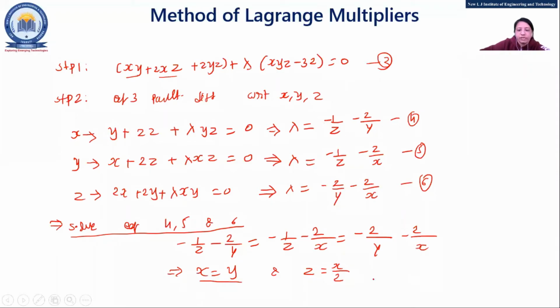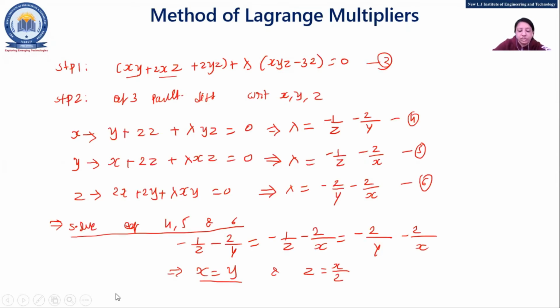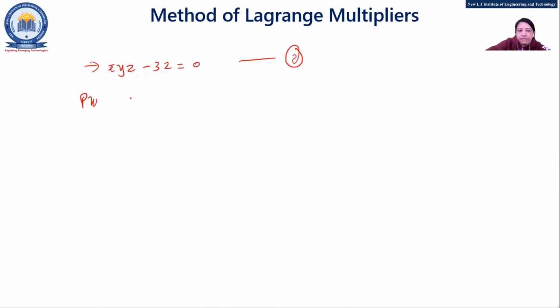So what now you need to do? In our equation, you can put it. Our equation is xyz minus 32 equal to 0. That is my equation number 2. So put the value of y and z in equation 2.